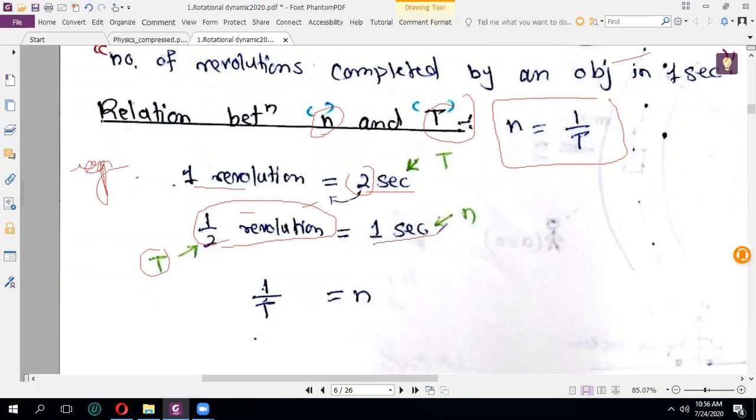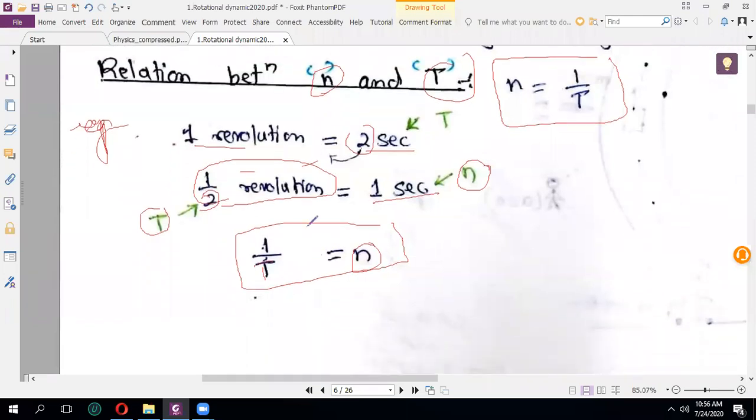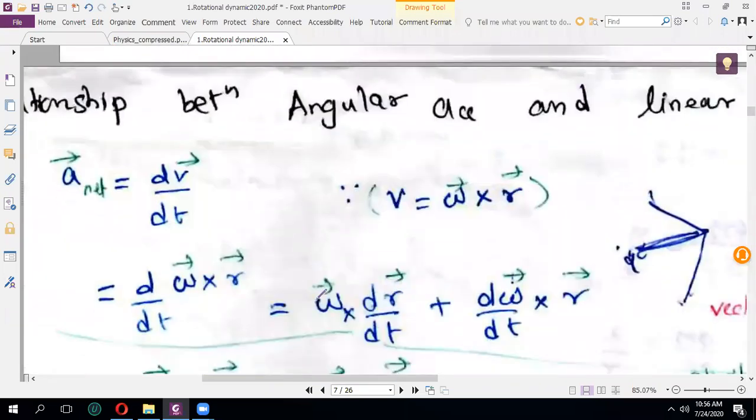And this second part represents your frequency. So replace 1 second by n, and this 2 which represents the time period is replaced by capital T. So what we get is the relationship between n and T: n is equal to 1 upon T. Understood? So both are the same. When they behave like this, they are inversely proportional to each other. This type is called inversely proportional.